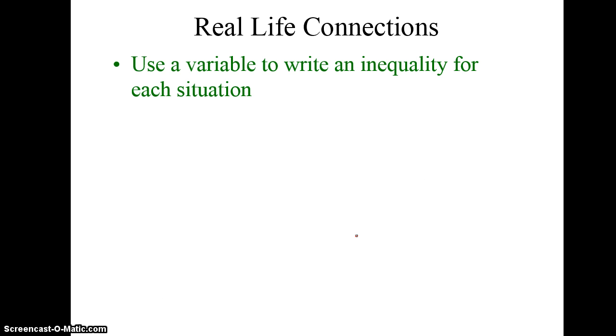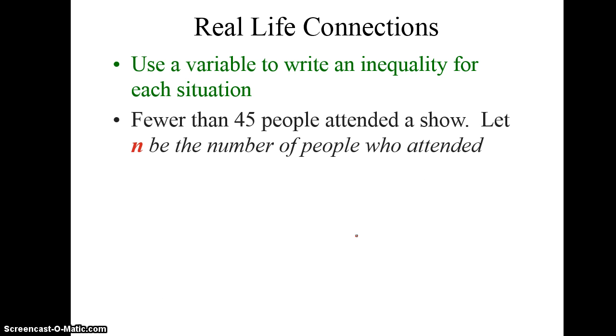Here are some more examples and some extra help for you, where you'll see it connected to a real life example. Let's say we looked at the sentence that says fewer than 45 people have attended a show. If I choose a variable like n to represent the number of people who attended the show, then since fewer than 45 people attended, we would say n is less than 45.